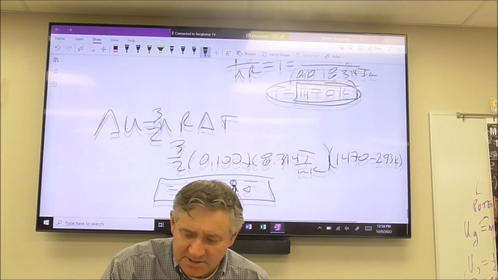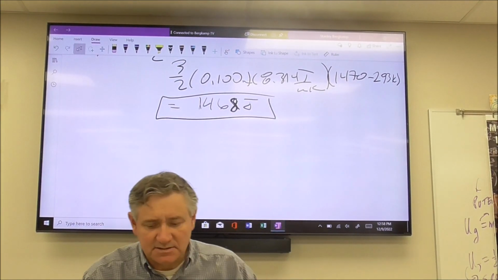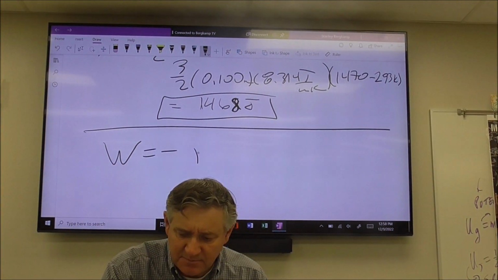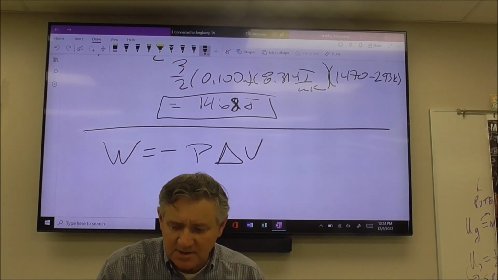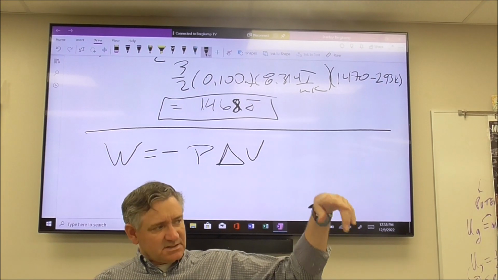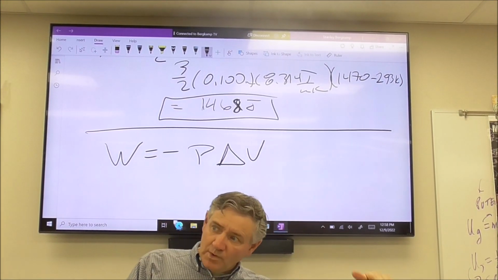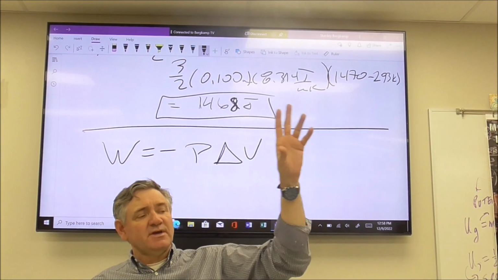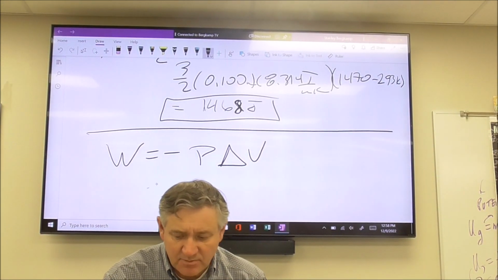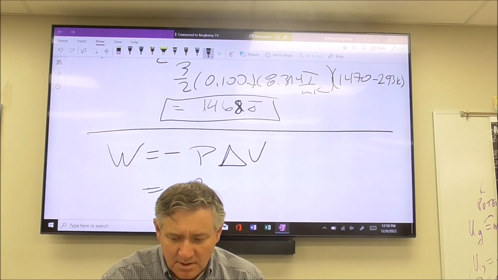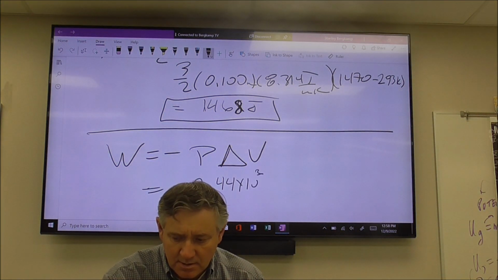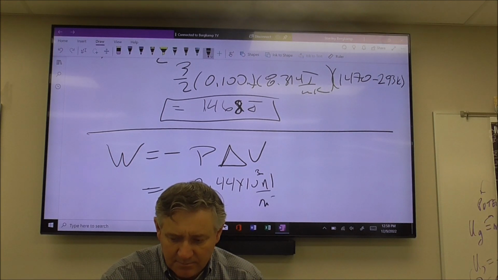Now, to make sure that the signs stay constant, on your sheet you have this. Work equals negative P delta V. That negative sign is there so that we're consistent in terms of the sign of work being positive or negative if it's expanding or contracting. So in this situation, my constant pressure was 244 times 10 to the third newtons per square meter.